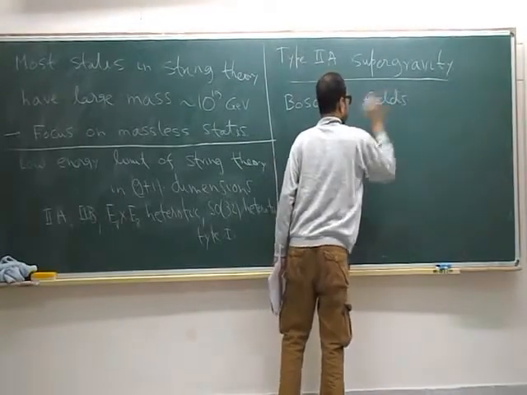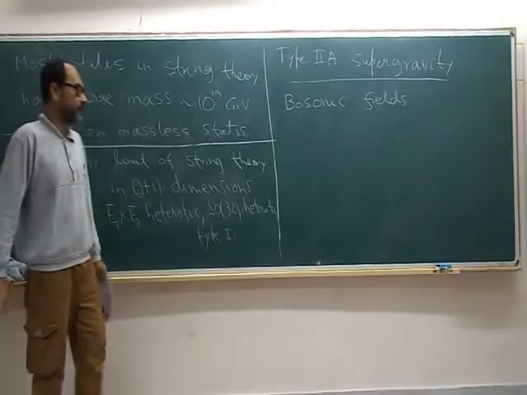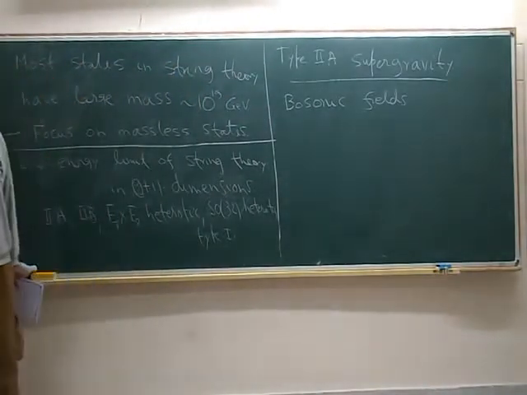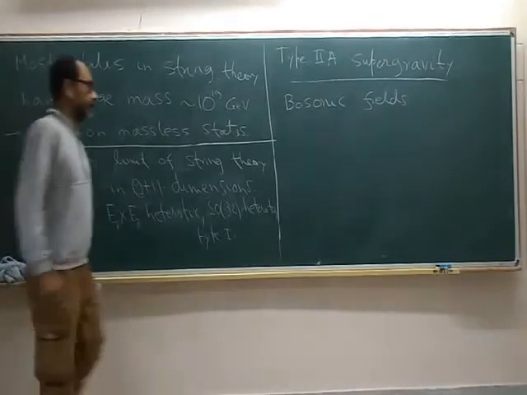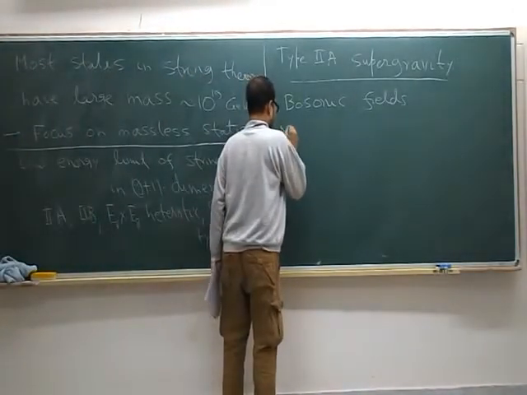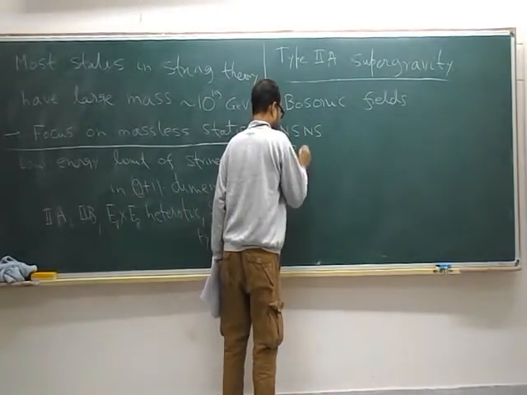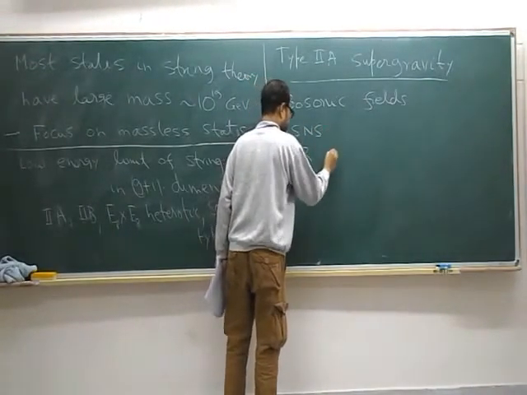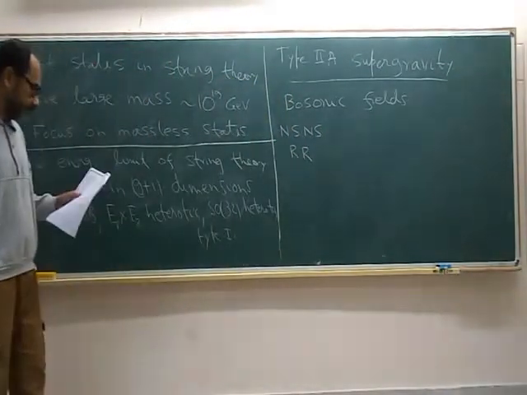And the bosonic fields can be divided into two parts. Although as far as the supergravity is concerned, it doesn't really make a difference, but they arise in string theory in two different ways. One is called the Neveu-Schwarz sector, the other one is called the Ramond sector. As I said, for most of what we will be doing, it will not really make a difference that there are these two different sectors.